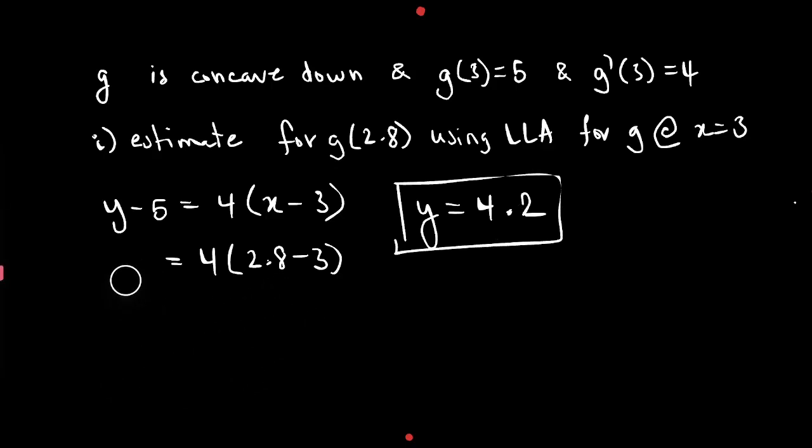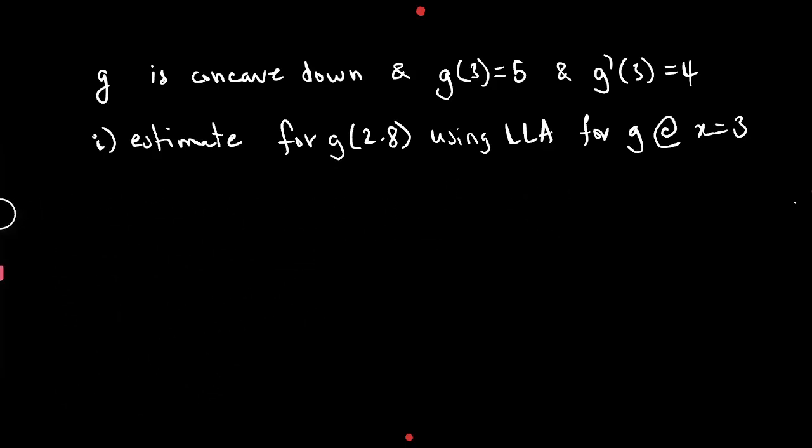So now that we have this, what is the next part of this question that I was going to ask? We know that our y is 4.2 using this local linear approximation. So now tell me, is this value an overestimate or an underestimate? And if you can, explain why. Really, all we have to do in order to explain our answer here is refer to the fact that this is a concave down function.